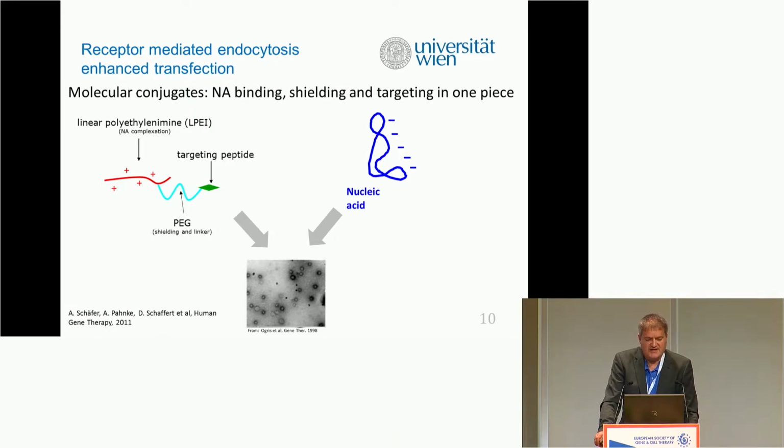Then you can use a linker molecule, which at the same time can shield the excess of positive charge, first of all to increase your specificity, but also later on in vivo to prevent binding of non-target tissues and blood components. So this can be polyethylene glycol, and on the distal side you can bind your ligand.